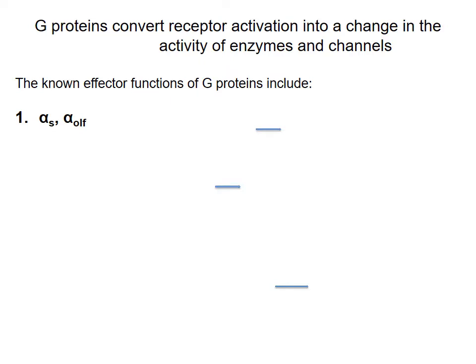We are going to talk here about several different G proteins, and this is mostly based on their alpha subunits. First that we are going to talk about are alpha S and alpha olfactory, because S stands for stimulatory, as we've told before, because it stimulates activity of adenyl cyclase.